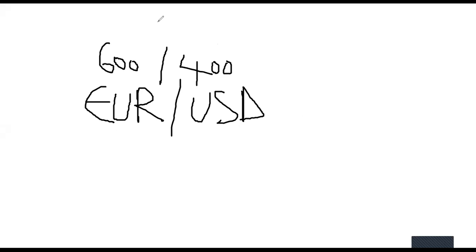If you have it like this, then if you divide this, zeros cancel zeros, then eventually 3 divided by 2. 3 divided by 2 is what? That's 1.5000.